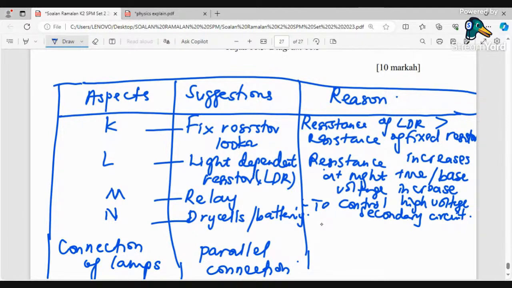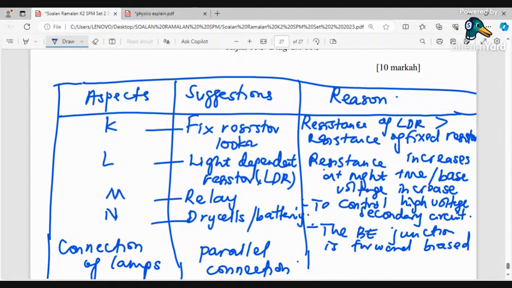Untuk dry cell, macam mana you sambungkan dengan dry cell tu? Make sure the BE junction is forward bias.